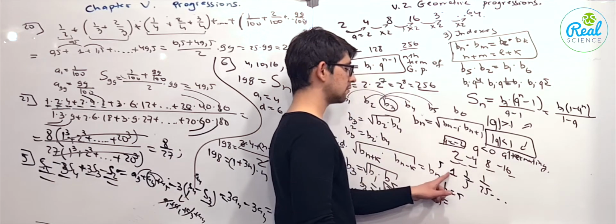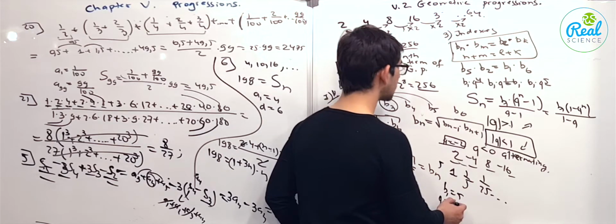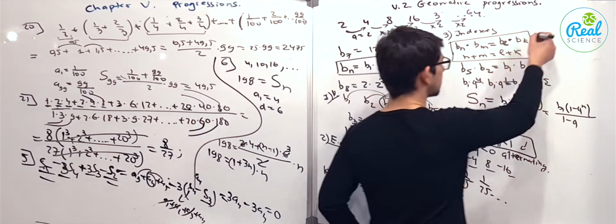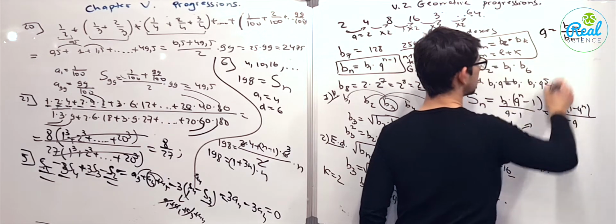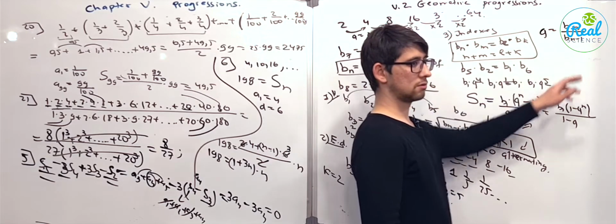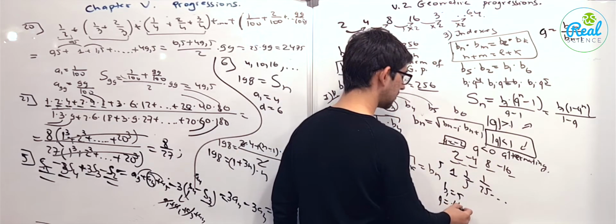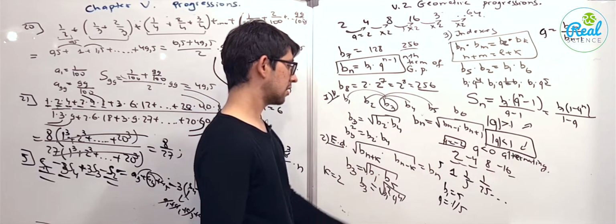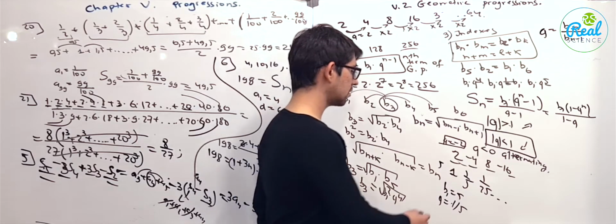You divide b2 by b1 or b3 by b2. To find the q, bn divided by bn minus 1. You divide that term by the previous one. For example, you are taking 1 divided by 5, it's 1 over 5. Or you are dividing 1 over 5 by 1, it's 1 over 5. Yes, your q is this one.